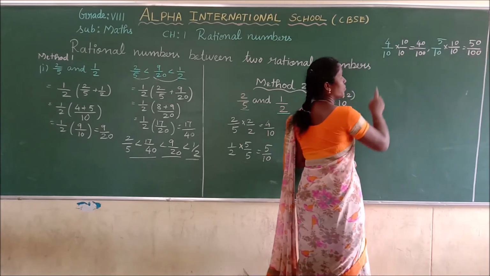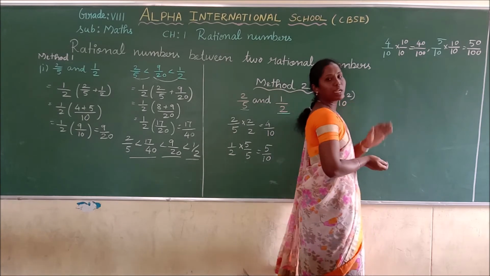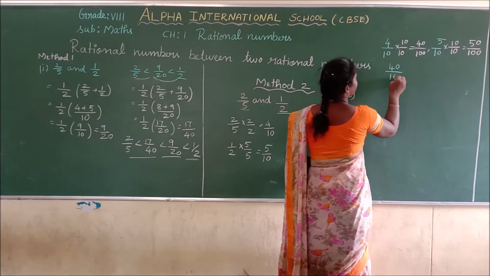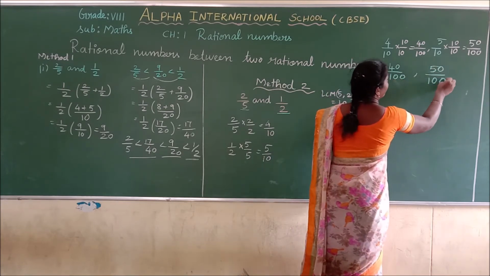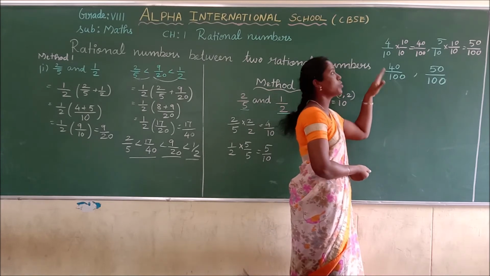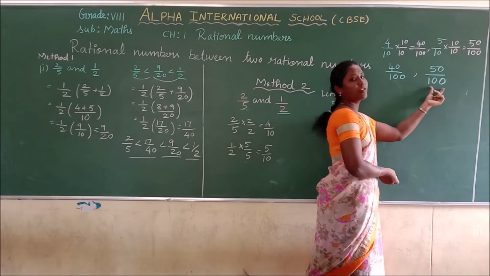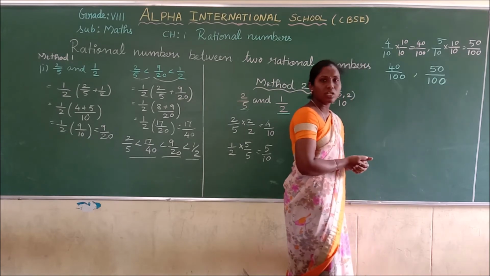So for the given numbers 4 by 10 and 5 by 10, we multiplied and divided by the same number, and we got 40 by 100 and 50 by 100. If you multiply and divide by the same number, it won't affect the original question. Now our range is 40 by 100 to 50 by 100. Can we identify some rational numbers? Yes.